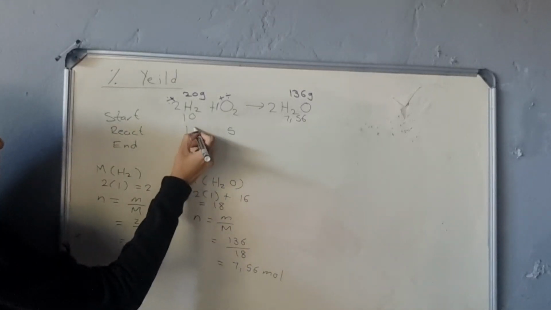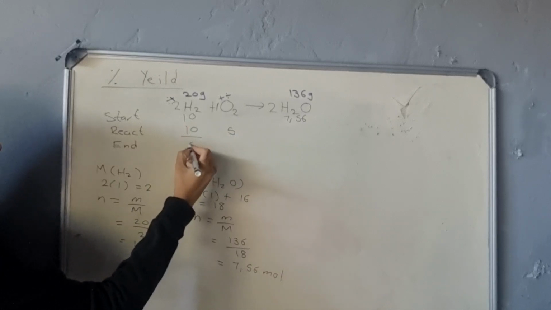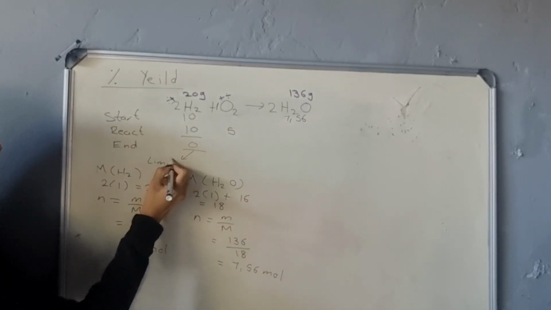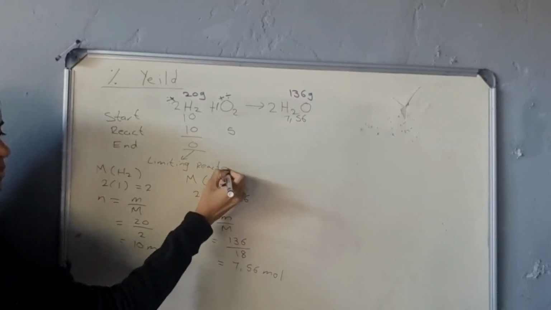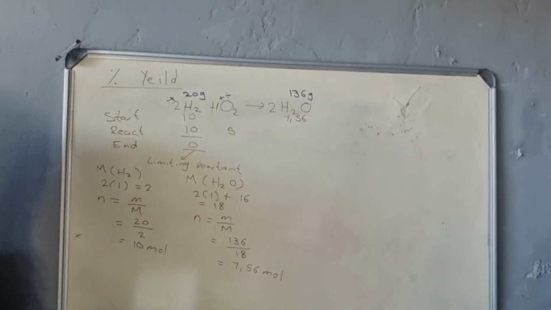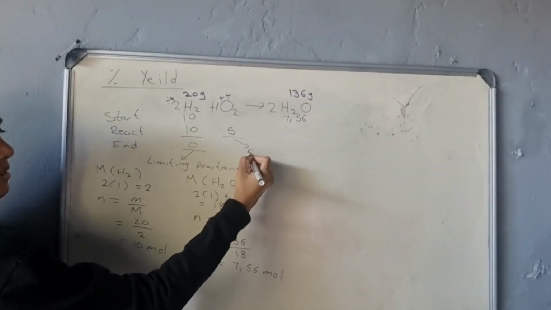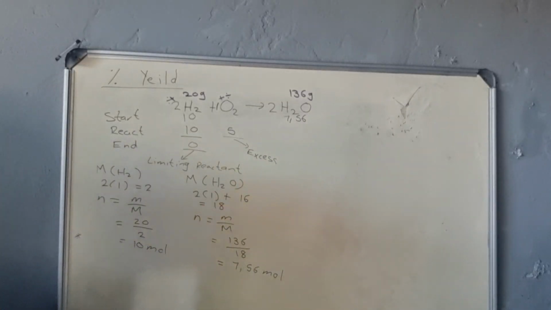So we'll write down 10 moles that's reacting, and you'll minus it. 10 minus 10 is 0. So this is now the limiting reactant. Notice in the question, they've already told us which one is in excess, so you can already assume that this is excess. The question didn't ask us for the end product, so I'm just skipping through that real quick.